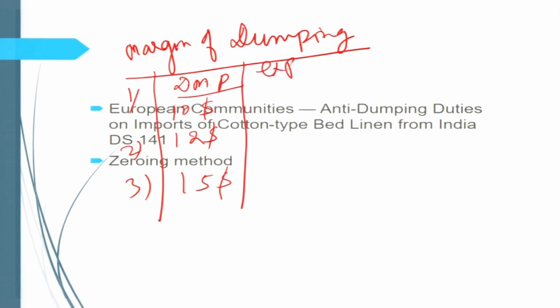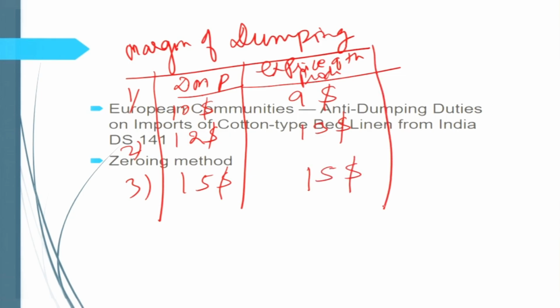Export price of the product: here it is $9. In the second case, it is $13. In the third case, it is, let us say, $15. All right. And then we have to calculate the dumping margin.